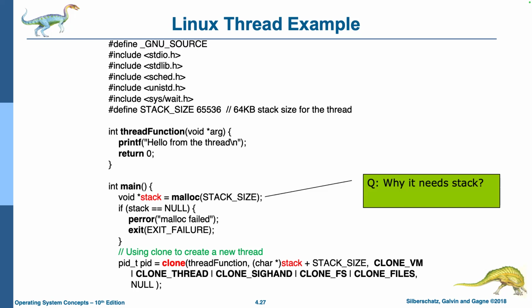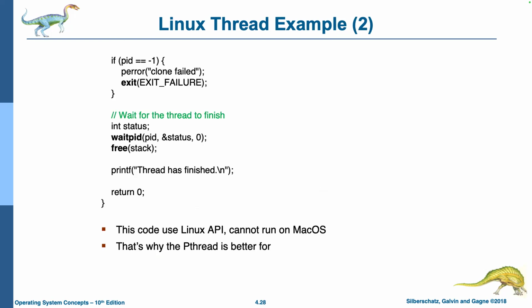This exposes lots of details. Actually, this is the process of how we can create a thread, with the PID. This uses the Linux API, and it cannot run on Mac OS. Even though Mac OS supports most of the Linux API, some are not supported.